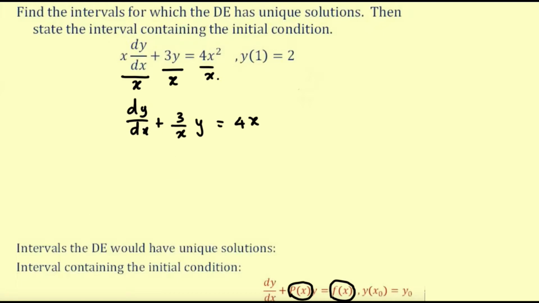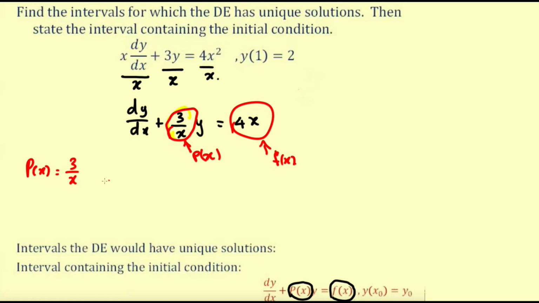Now we have to see where this p of x is continuous. Let me use a different color. This is our p of x, and this is our f of x. So p of x is equal to 3 over x, and we know that x cannot be equal to 0.